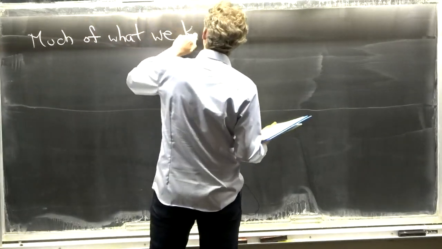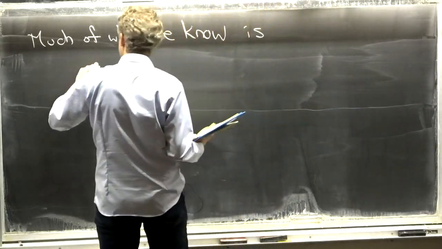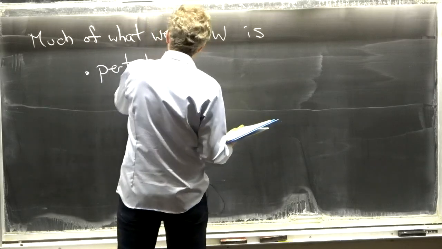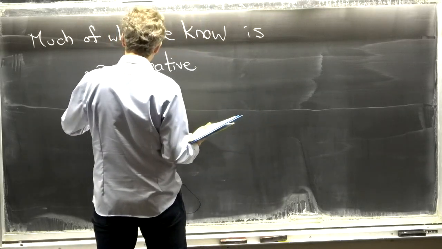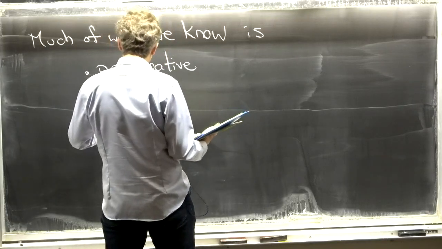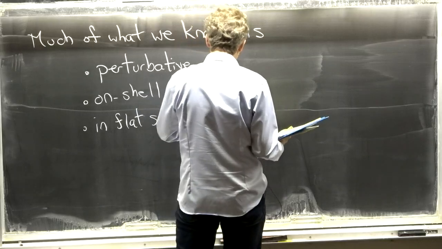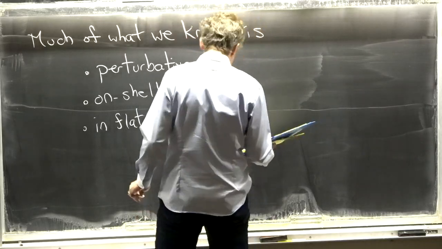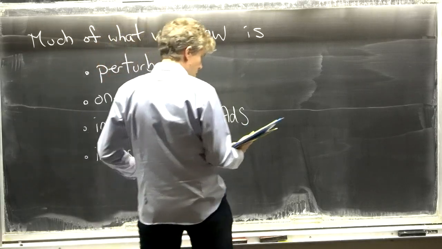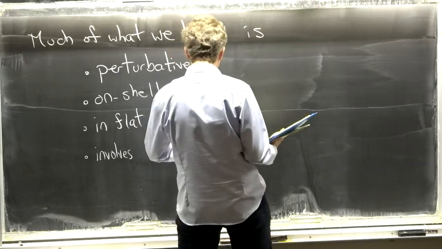Okay, so much of what we know about string theory is, well, perturbative. Not all, but a lot. An awful lot of it is on shell. And a lot of it is in flat space-time or in AdS, rather than in more complicated spacetimes. A lot of what we know involves extended, let's say, 4-dimensional N greater than or equal to 2 supersymmetry.